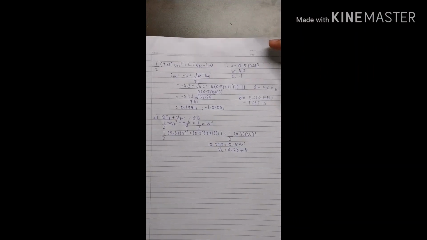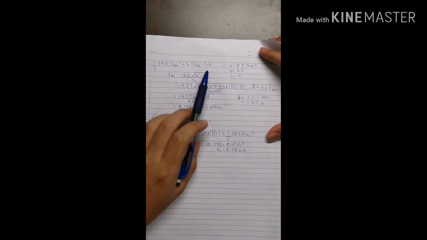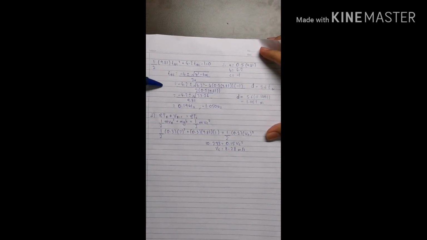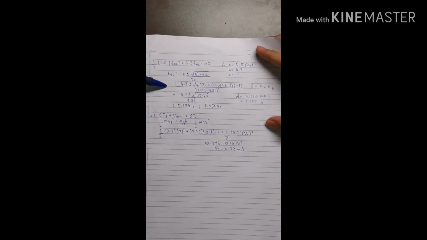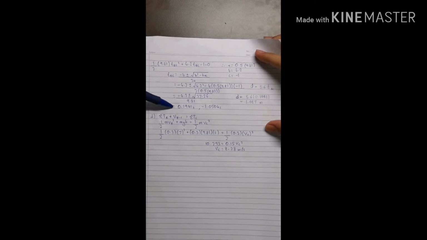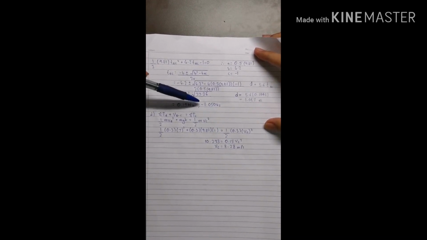After that, we will arrange the equation into this form, and then we will solve for the unknown TBC using the quadratic equation technique, and we will get two different answers, one positive and the other negative.